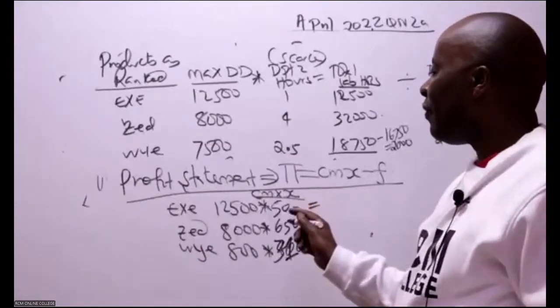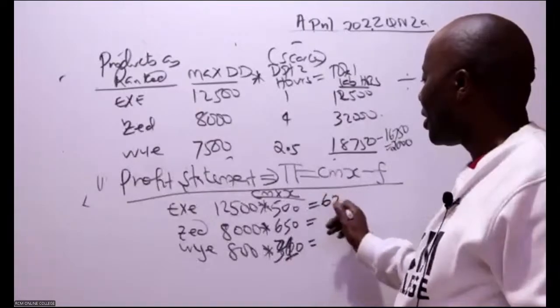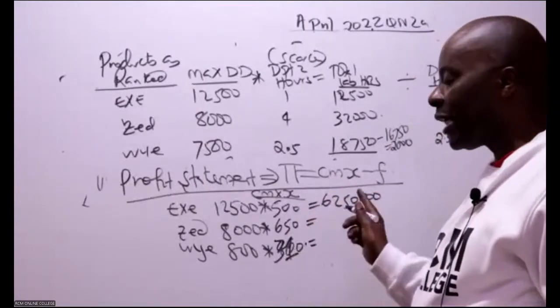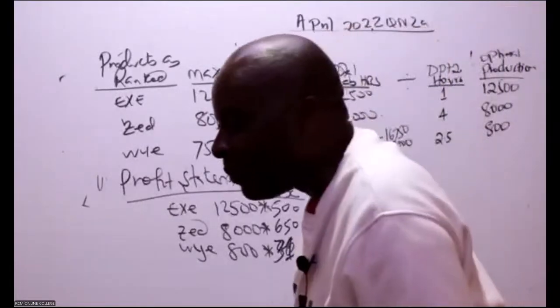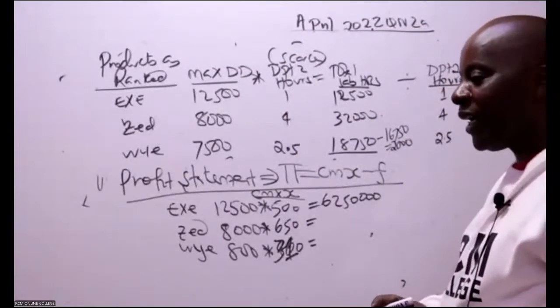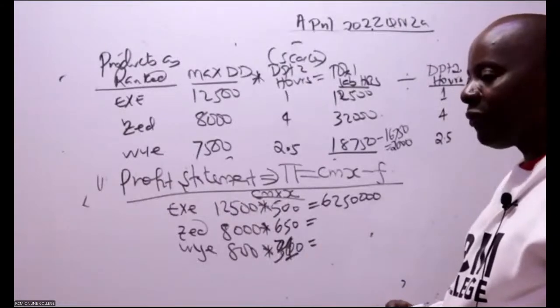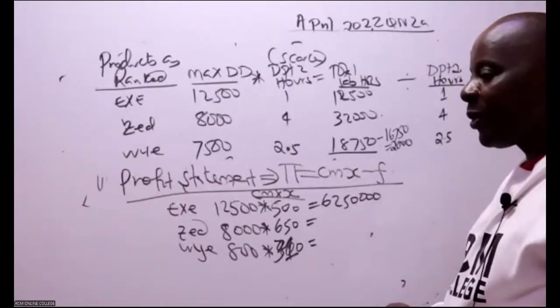So 12,500 times 500 is 6,250,000. Then we have 8,000 times 650, which is 5.2 million.